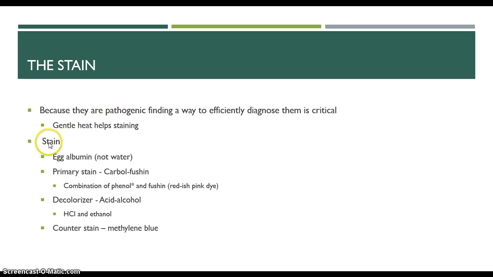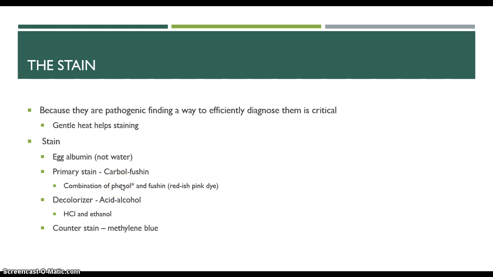What you do is you use egg albumin, not water, which is important. We'll get into that later. Then your primary stain is carbol fuchsin, which is a combination of phenol and fuchsin, which is a reddish pink dye.